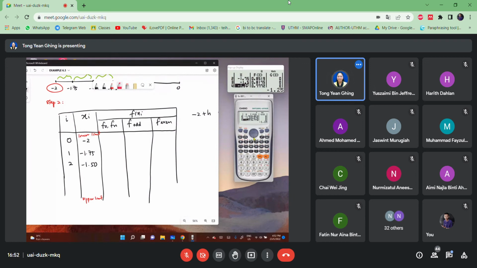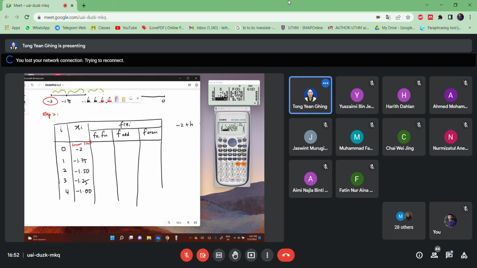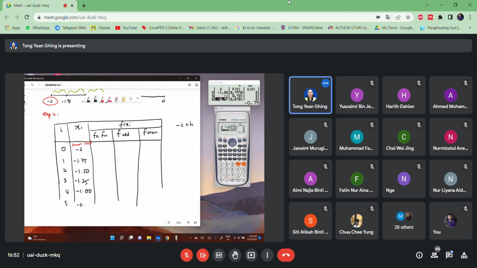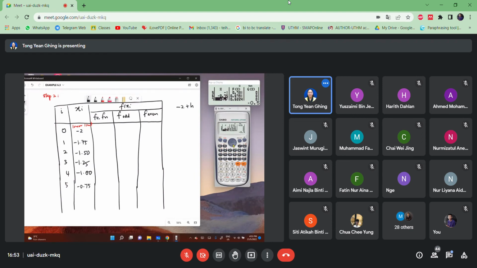Go down again, the next one is -1.25, then -1, then -0.75, then -0.5, and then -0.25.